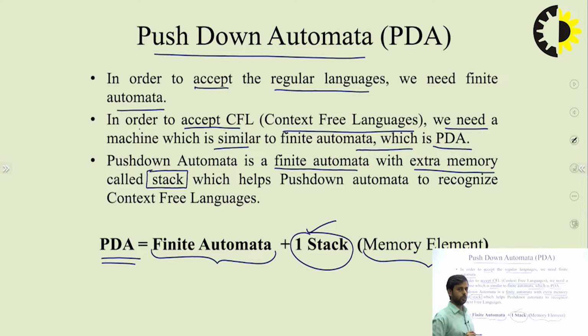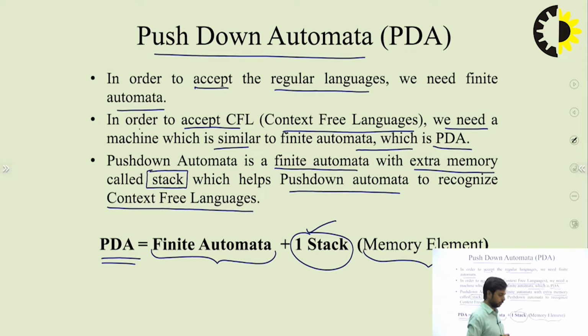We know that on a stack we perform push and pop operations. So if we add a stack to finite automata, it becomes PDA, and that helps push down automata to recognize the CFL, context free language.